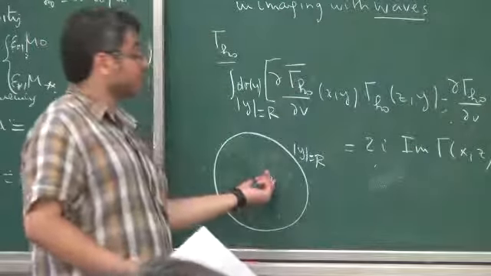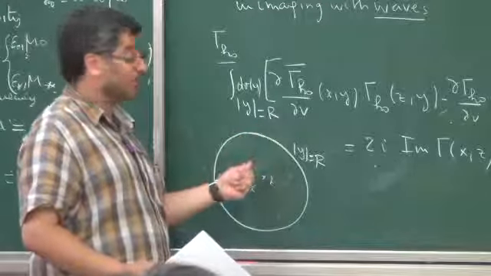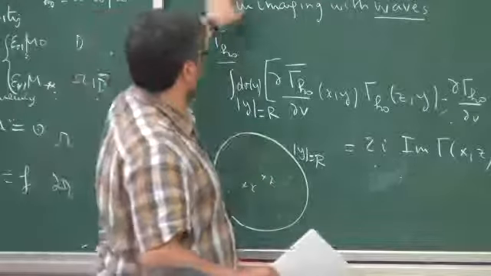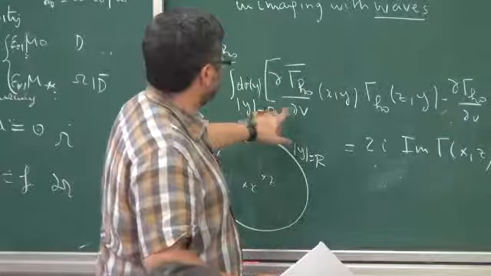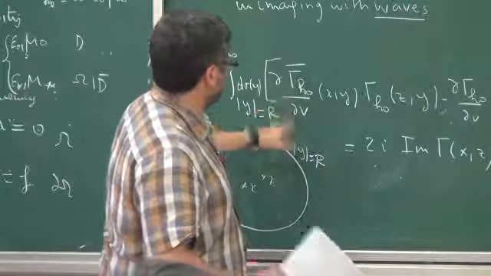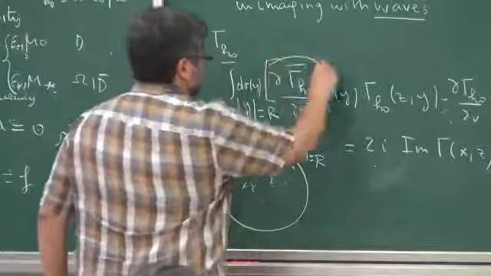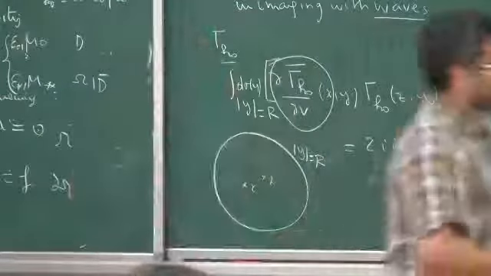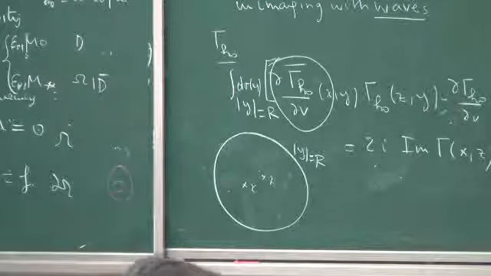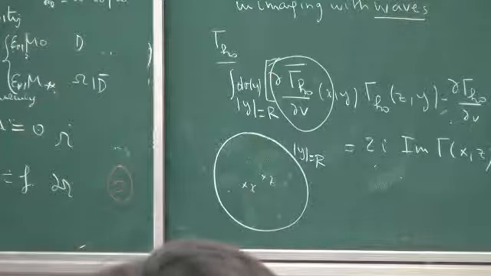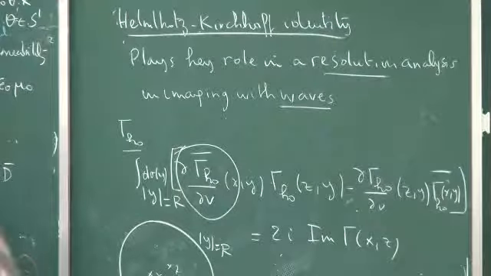Okay, this is integration by parts. Now, it's still not what is called the Helmholtz-Kirchhoff identity. The Helmholtz-Kirchhoff identity is to replace this guy by the first term in the Sommerfeld radiation condition. So we know that the normal derivative of gamma k0 bar is, I will write it here.